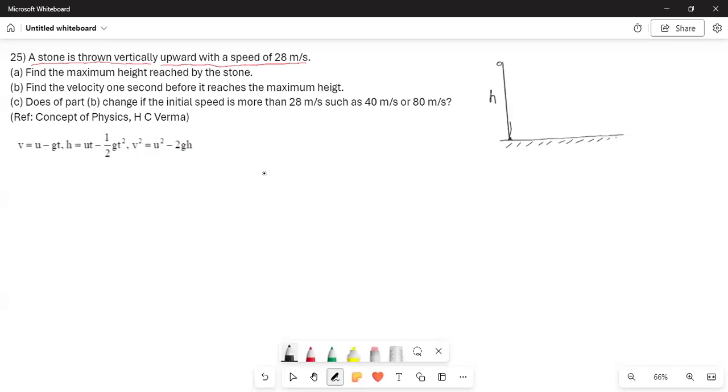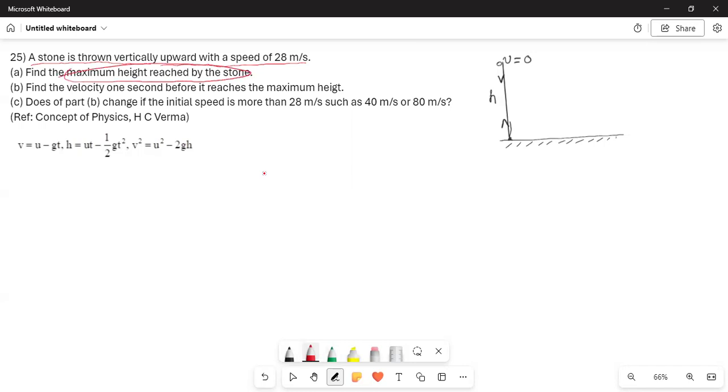While going up, the stone goes in this direction. While coming down, the stone follows the same path and comes down. Also, we know that the final velocity v of the stone is 0 when it reaches the maximum height. The first question is, find the maximum height reached by the stone.